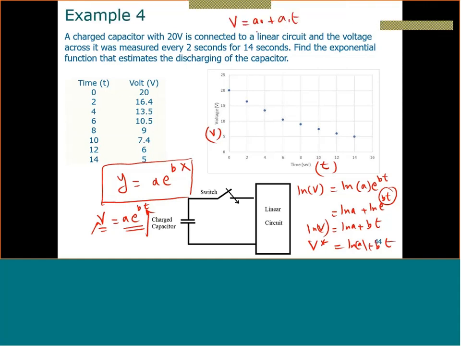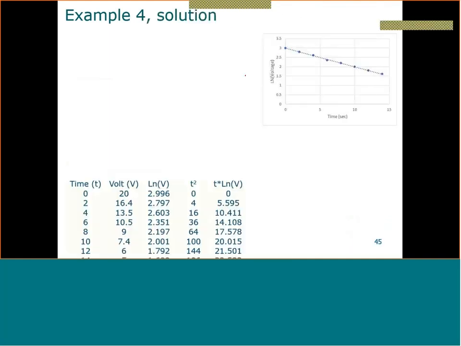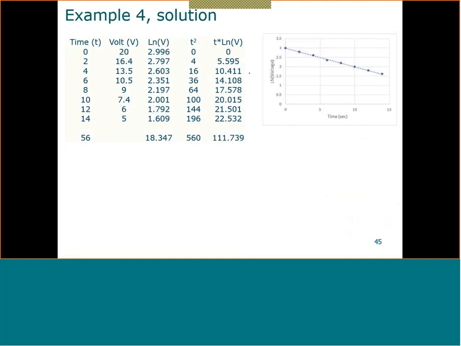Let's go back here. This is my table. This is my t, the value of x, originally x. This is the value of y, and this is my y star. This is my x squared, and this is my x times y star. I don't need to change the x; it stays as it is.